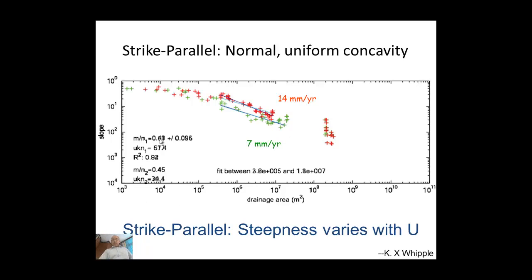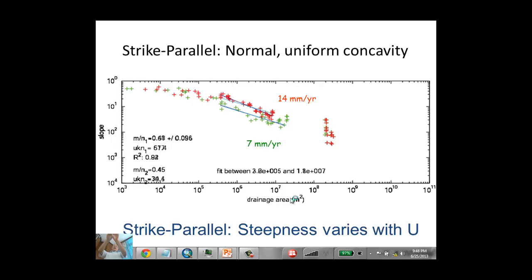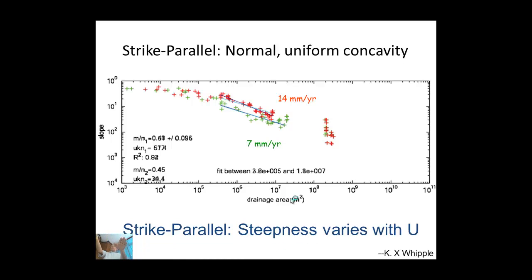So these drainages here that are perpendicular to the fold he didn't use because they're going across an uplift rate gradient. And what he showed was that for two of the channels, one that was in a 7 millimeter a year and one that was in a 14, in this slope-area space, the one that was in a higher uplift area had a higher steepness. So it was tilted more.